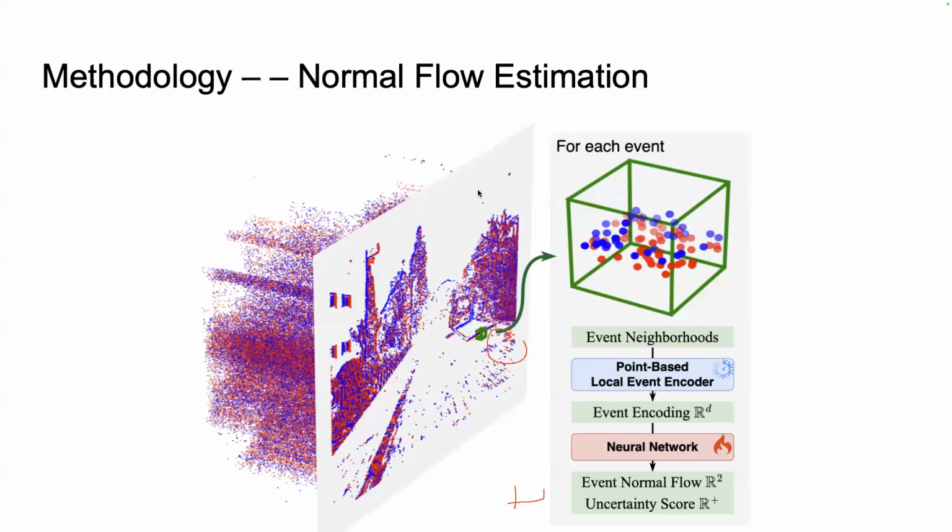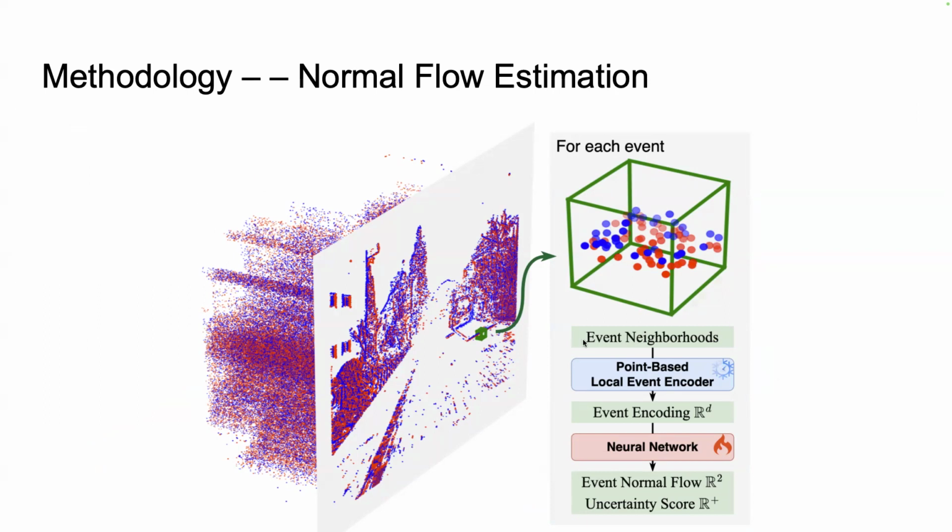If you look at the methodology, it is extremely simple. Let's say this is your event stream. For each point, you would use the local geometry encoding, which is the backend in my previous presentation.